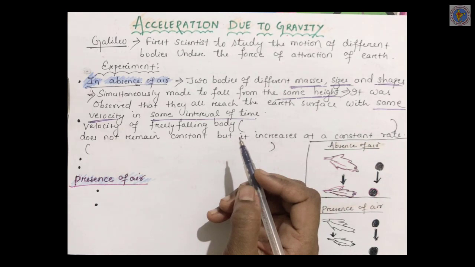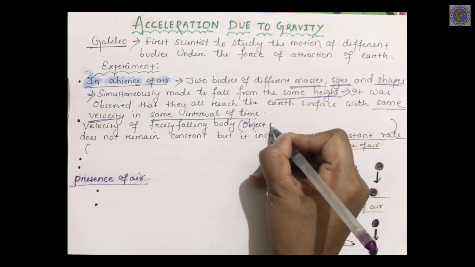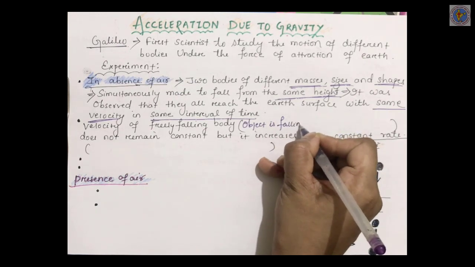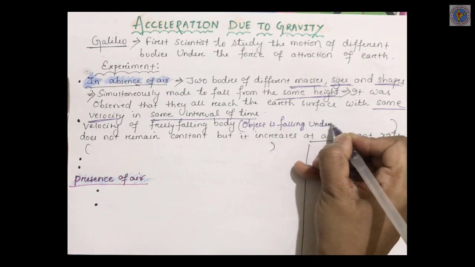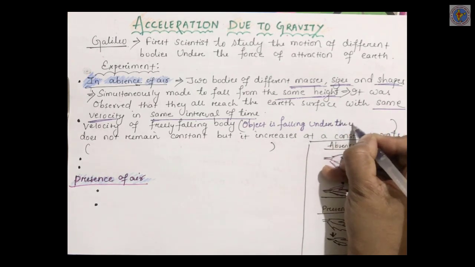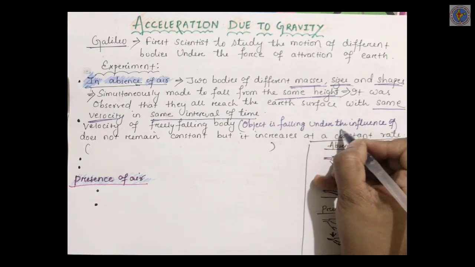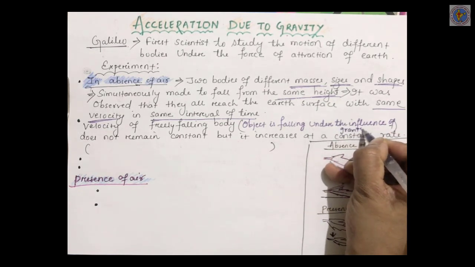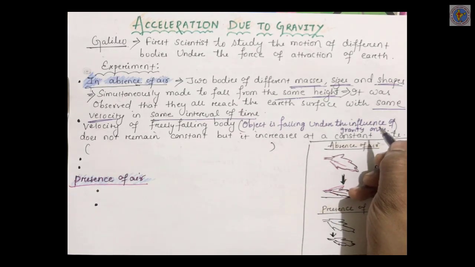A freely falling body means the object is falling under the influence of gravity only.